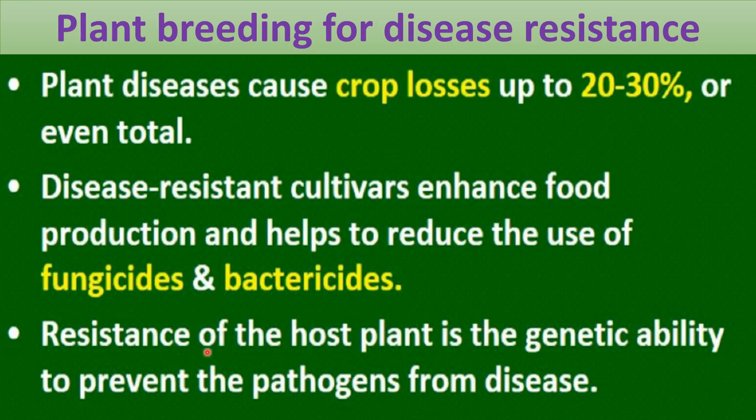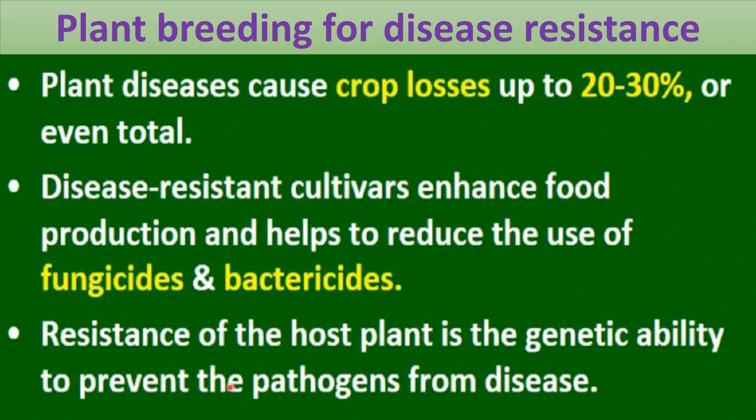Now resistance of the host plant is the genetic ability to prevent the pathogens from causing the disease. Okay, so what is the meaning of this resistance? How will this disease resistance power come in a plant? Due to genetic ability, you know, due to the presence of a specific allele of a gene.